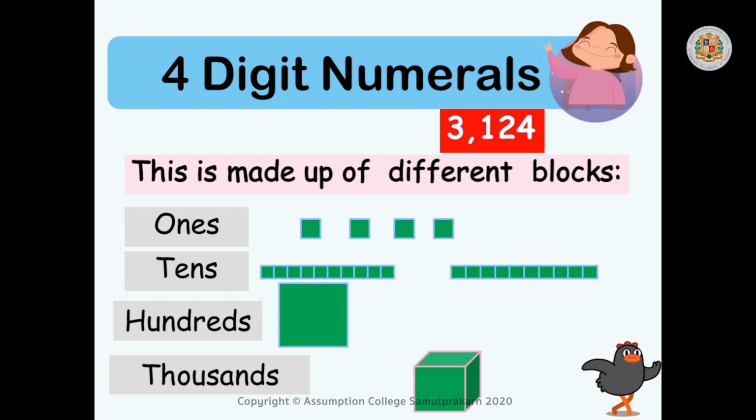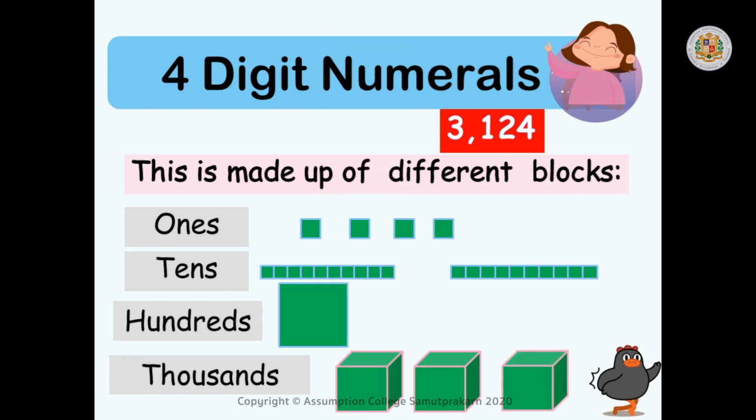Now, for the thousands, what are we going to use? We will use the big cube because each cube contains 10 hundreds. Digit 3 is in the thousands place. That's why we will use 3 cubes.